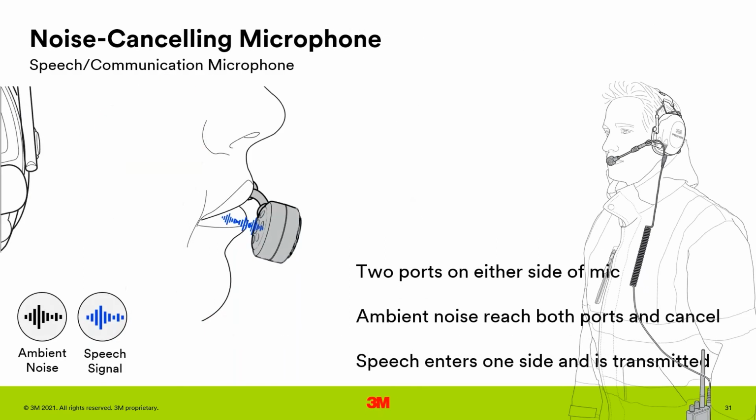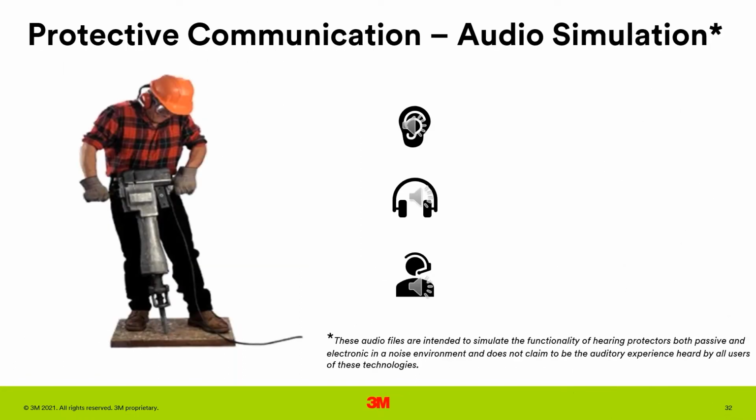Just to give you a sense for how this would work, next slide. If I'm jackhammering, and the way the simulation works, if I'm wearing passive earplugs, I'm going to be in that noise, but it's going to be a lot quieter, but I'm not going to be able to communicate with somebody else.